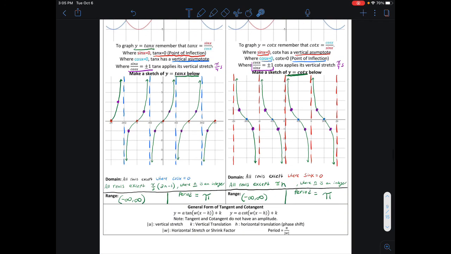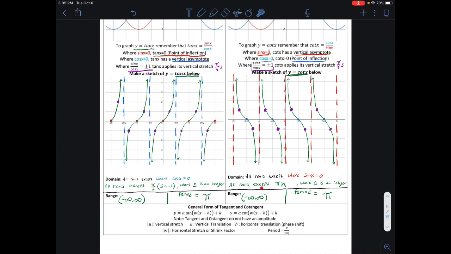Now the domain of cotangent is going to be the set of all real numbers except for where it's undefined. Cotangent is undefined on all of the whole numbered pi's, since that's going to be where sine is equal to 0. So the domain of cotangent is the set of all real numbers except for where sine is equal to 0.